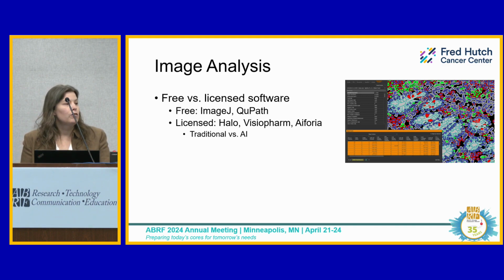Something like Halo, Visiopharm, and Aphoria are a couple of examples there. Visiopharm and Aphoria are artificial intelligence-based platforms. Halo has the option of adding on an artificial intelligence package to it. And these might be something that your researchers really require having that capability, and so you might want to look into purchasing one of these.